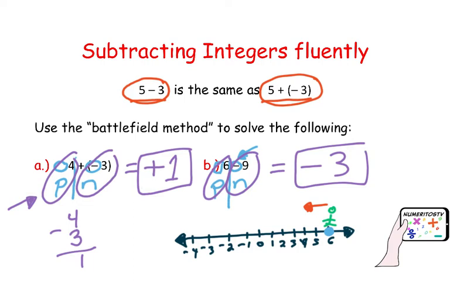So from 6, I'm walking 9 units to the left: 1, 2, 3, 4, 5, 6, 7, 8, 9. And we can see that it is -3. You don't need to do the number line method if you already understand the battlefield method, but I just want you to see that we can do the other methods and we get the same answer.